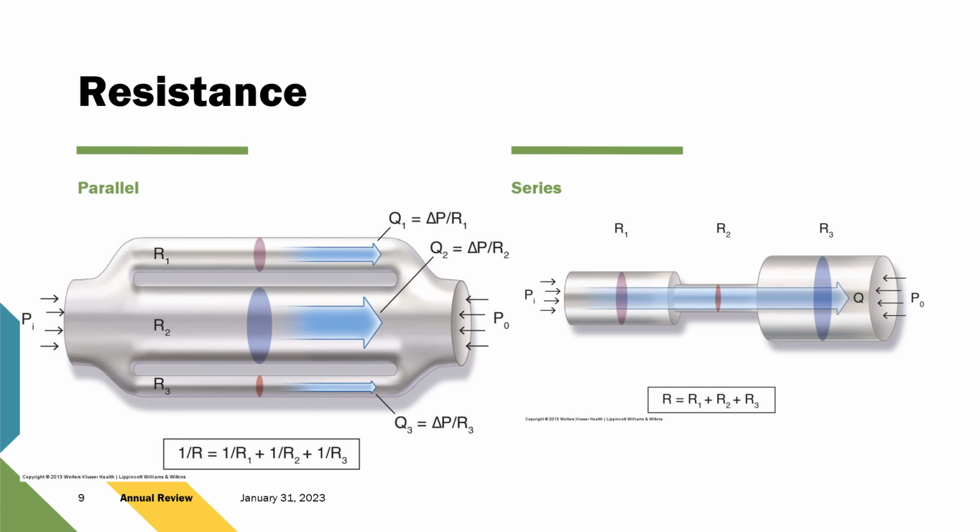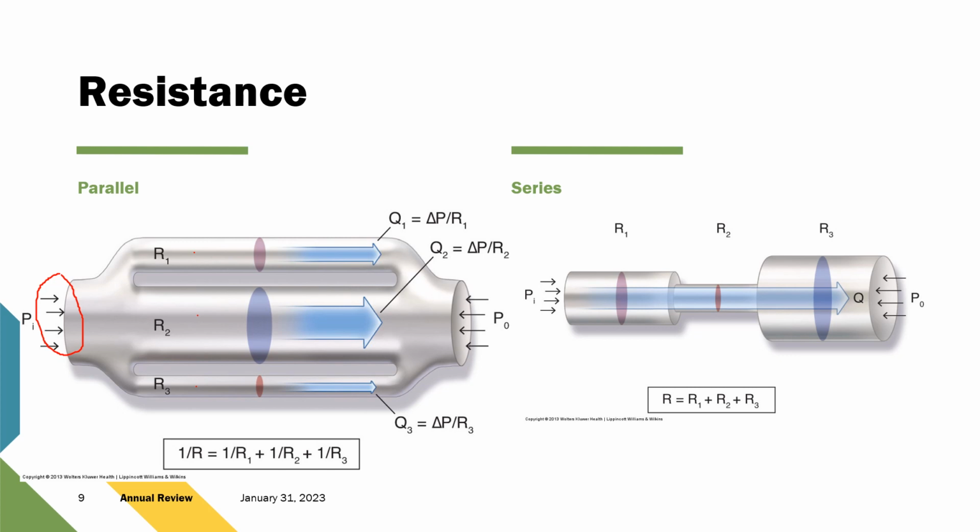Now there's a couple different types of resistance. We can talk about resistance in parallel or resistance in series. I won't spend a ton of time on this, but resistance in parallel would be if we had 3 different vessels set up side by side running parallel to one another. How would we calculate the overall resistance of the vessel coming into those 3 vessels? This might be something like a system where maybe you've had some kind of stenosis and your body's built up some collaterals, and we wanted to calculate the overall resistance of all those collaterals together.